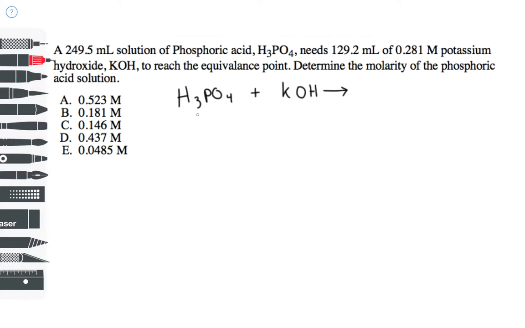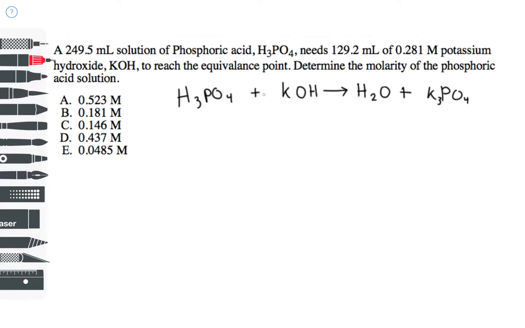Neglecting the subscripts, whenever you have H going with OH, you get H2O, and you worry about the coefficients later. Then you would have plus potassium phosphate, so PO4, and you would put a 3 right here to balance that, since this one has a 3 minus and this one has a plus.